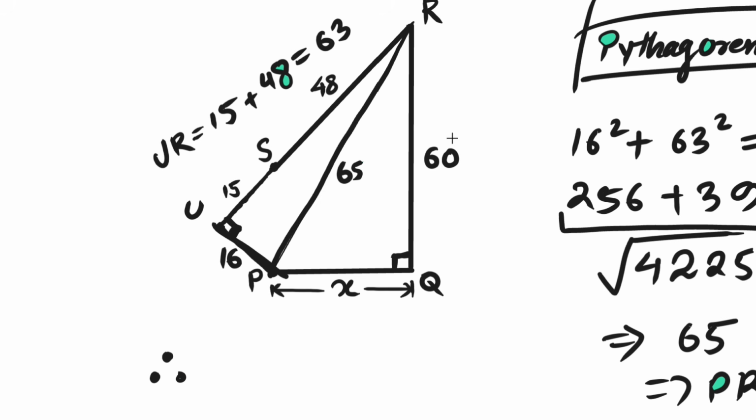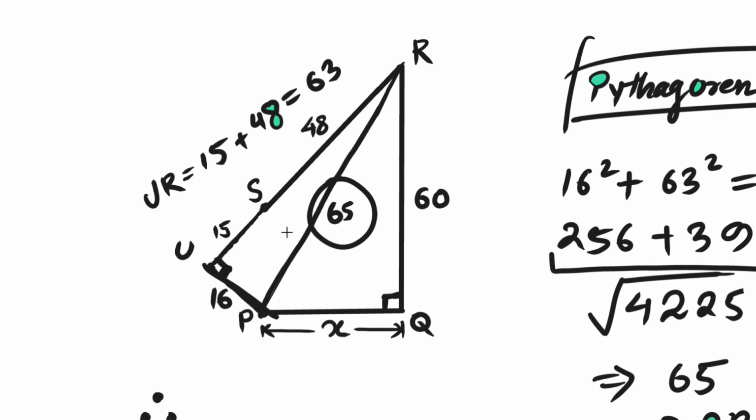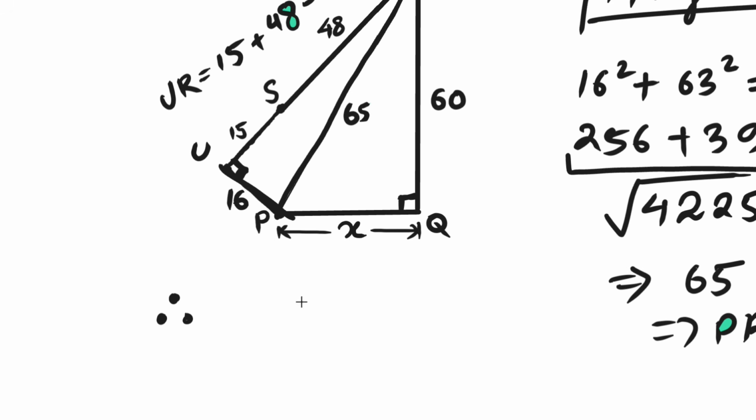The two legs here are RQ, which we know is 60, and PQ, which is our unknown x, and the hypotenuse, as we just found, is PR, which equals 65. So we set up our equation, x squared plus 60 squared equals 65 squared.